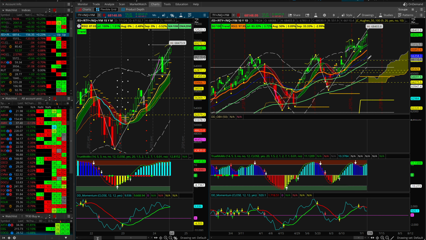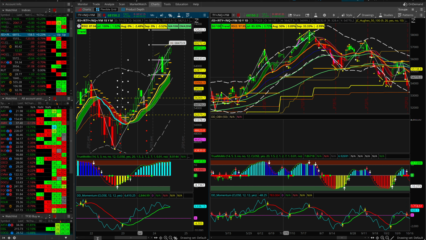And then we've got the 21 and the 34. The 21 is the orange line, the 34 is the blue line, and then you've got the 50 and the 100, which when they're aligned like this, you have a definite uptrend. When they're aligned the opposite way, you're in a downtrend, which is a lot of what's going on here, except you didn't get them quite all the way aligned.